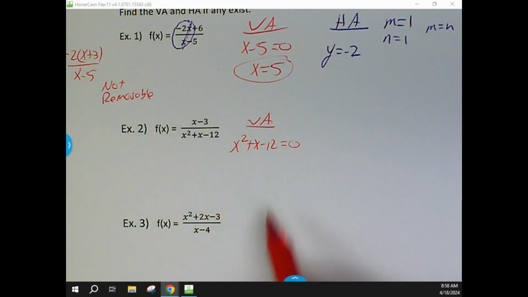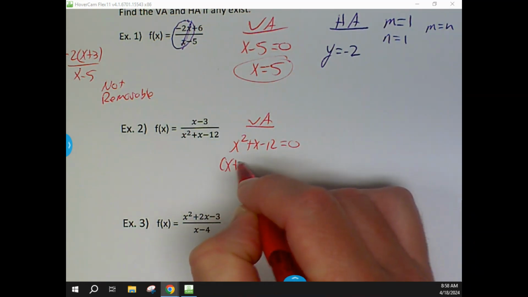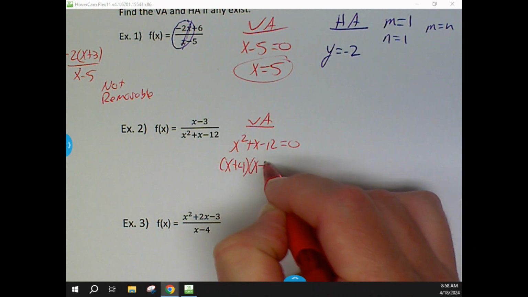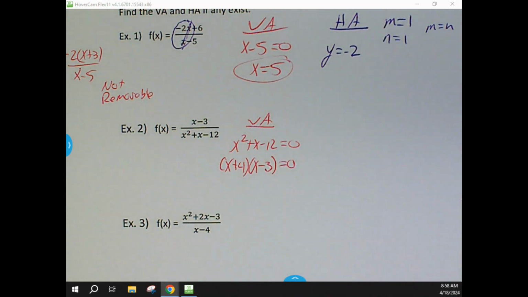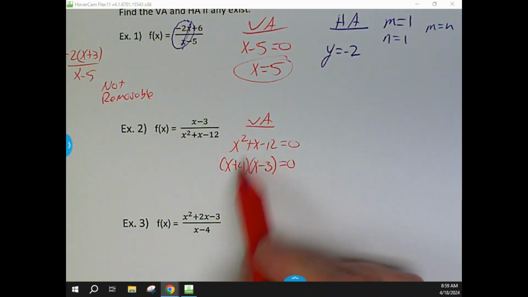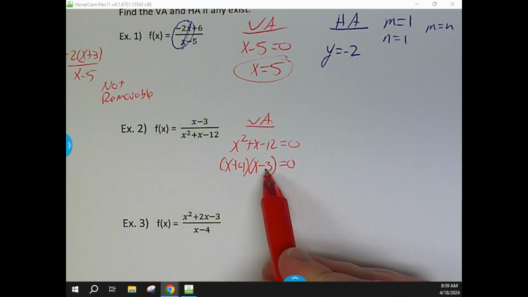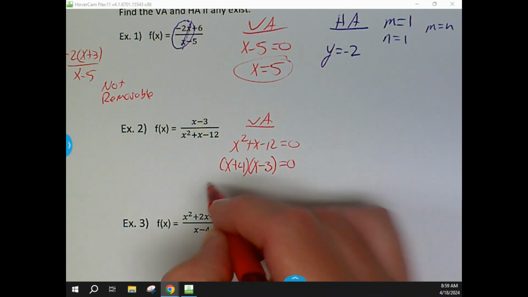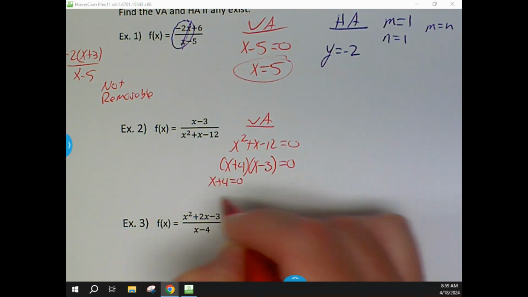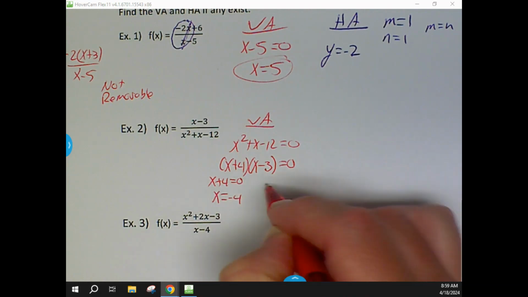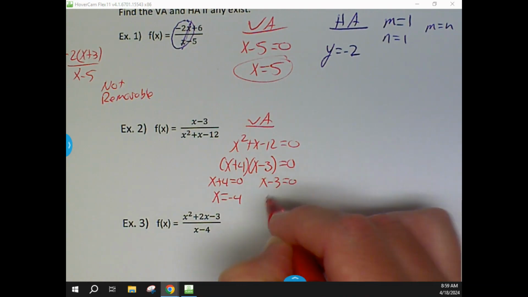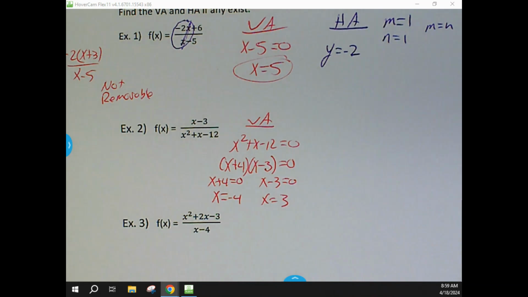You have to find the factors of -12 that add to 1. Should be 4 and 3, right? The B term is positive, so the bigger number is positive, which means the smaller number is going to be negative. If we set both of these equal to 0, we get x equals -4, and we get x equals 3.